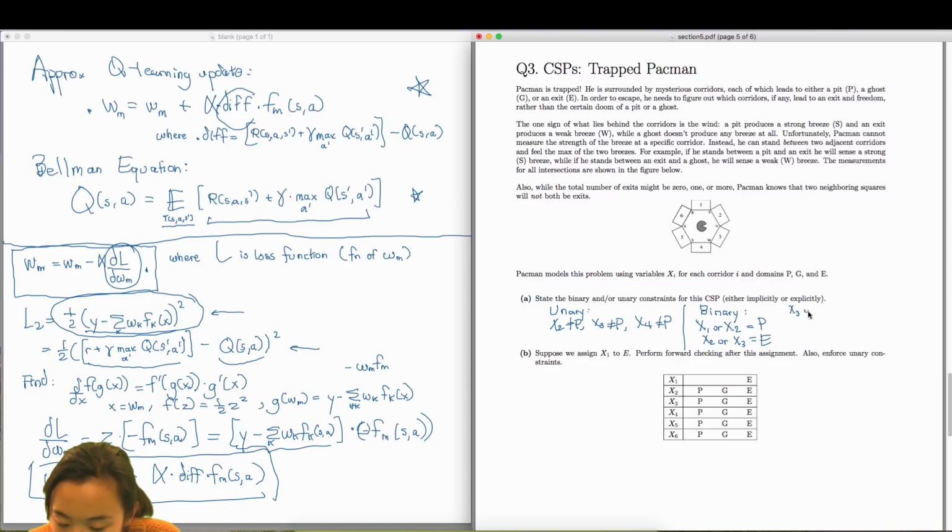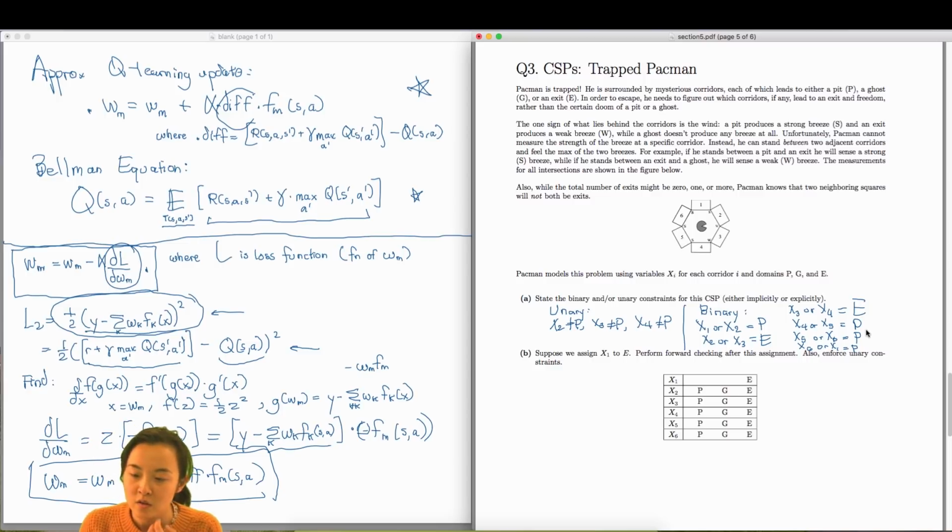And then x3 or x4, one of those has to be an exit as well. And then x4 or x5, one of those has to be a pit. And x5 or x6, one of those has to be a pit. And then for x6 and x1, one of those has to be a pit. Okay, so that's the first set of binary constraints.